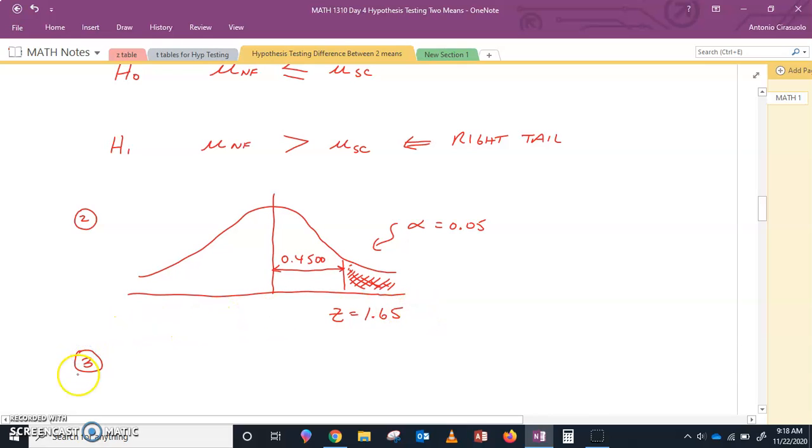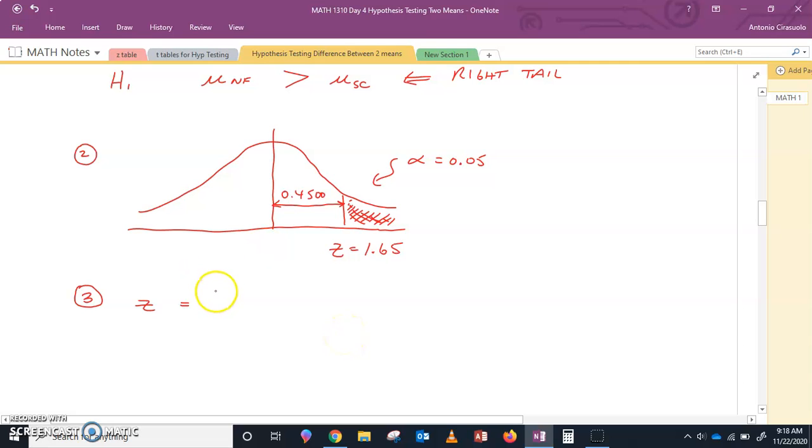Next, we're going to perform the z-score, and once again, we are going to fill in the following formula.